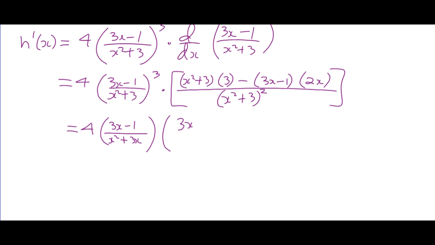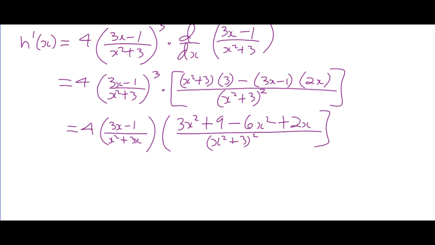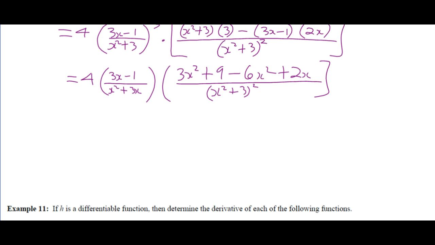And what do we got? 3x squared plus 9 minus 6x squared plus 2x plus the cube up there. Negative 3x squared.